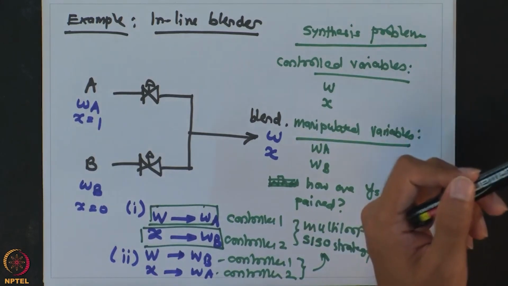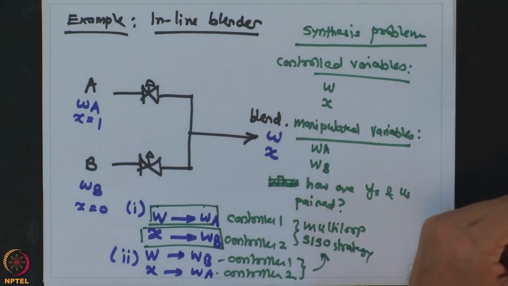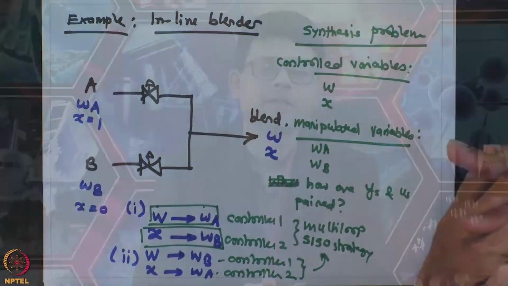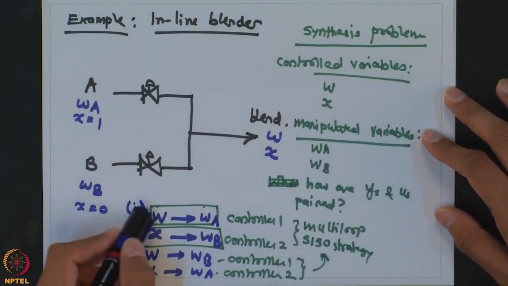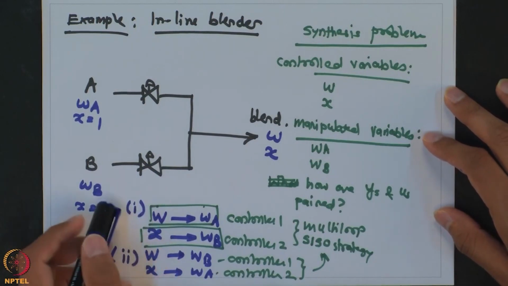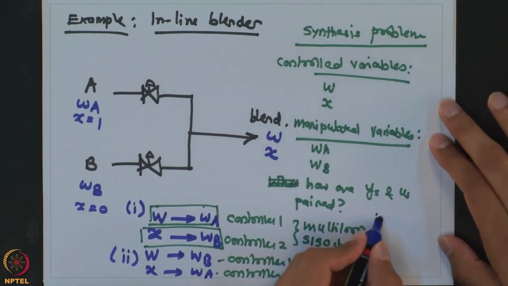However, for this system, as we will see almost in the last week of this course, such a strategy where you have different controllers which do not interact with each other, and we are independently deriving these controllers, will result in very poor performance. The performance can be improved by having a single controller.